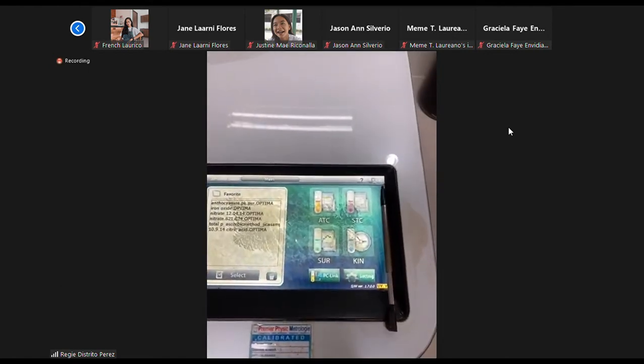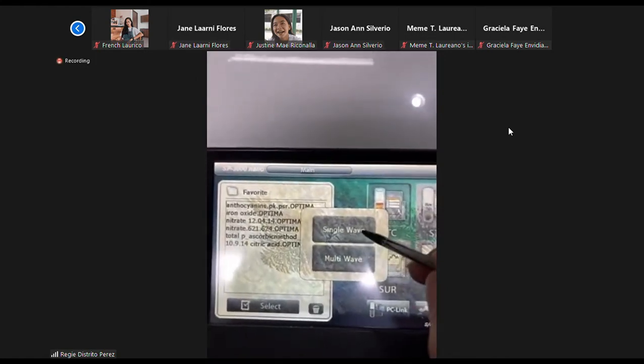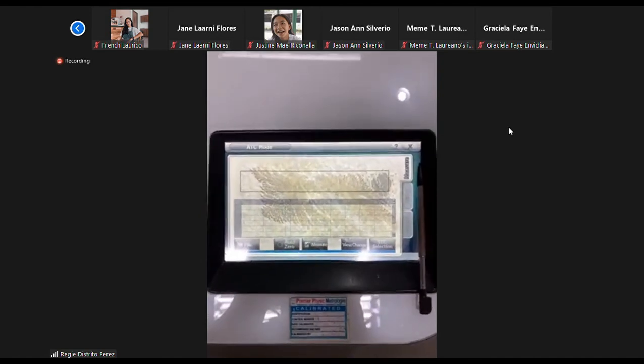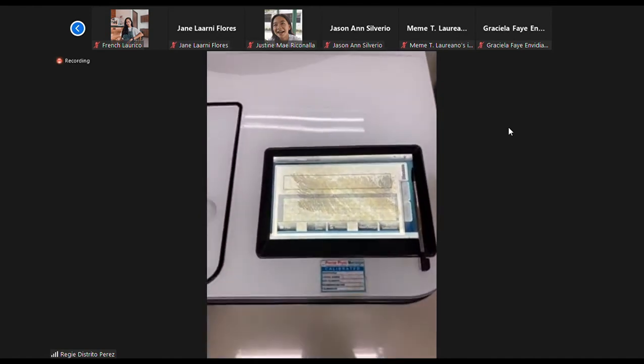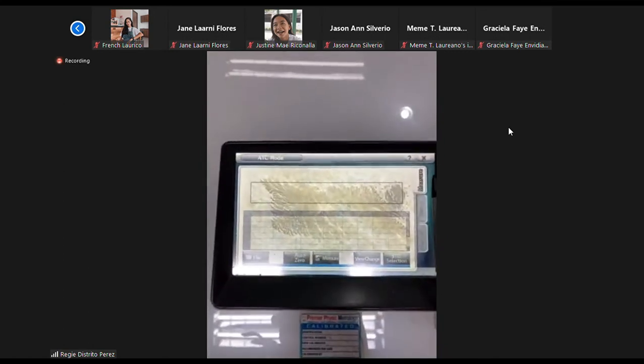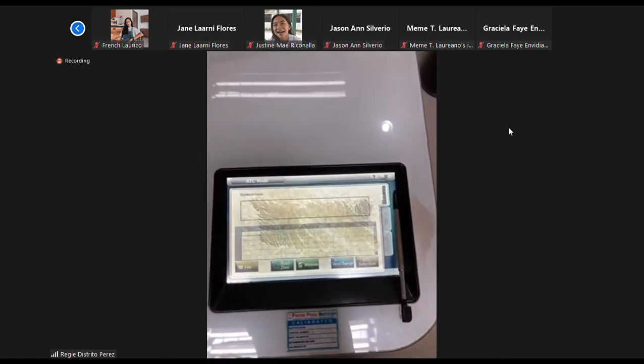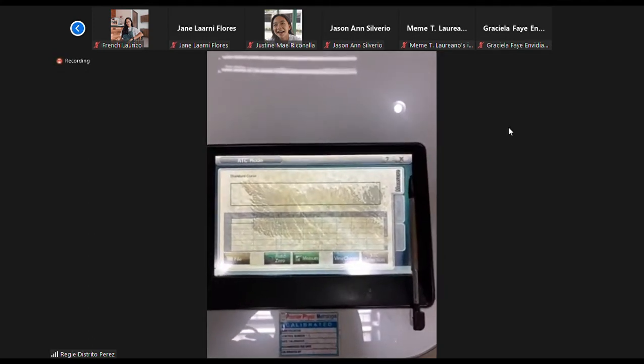Yeah, the sample can be measured. Select a measurement mode. Okay, first, you can choose a system, ATC, single wave, or you can choose multi-wave. ATC mode is used to measure absorption, transmittance, and concentration. Before measuring, input wavelength and select cell holder at setup menu.